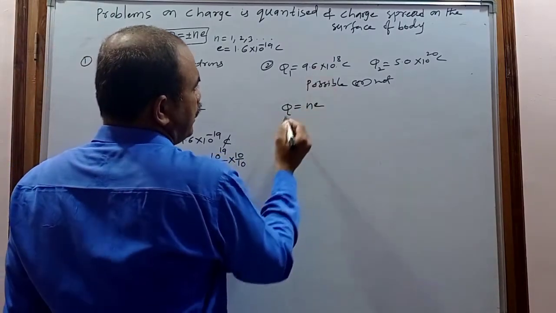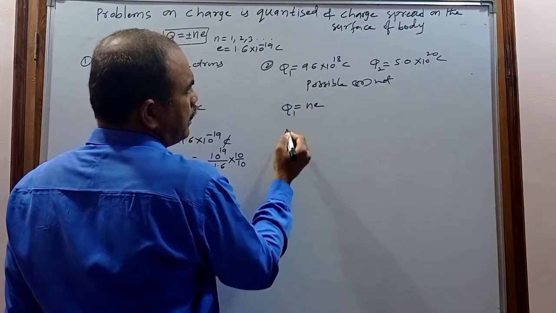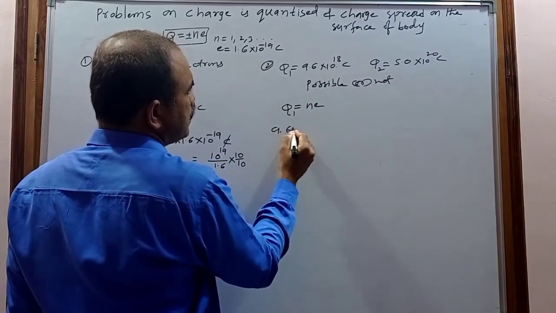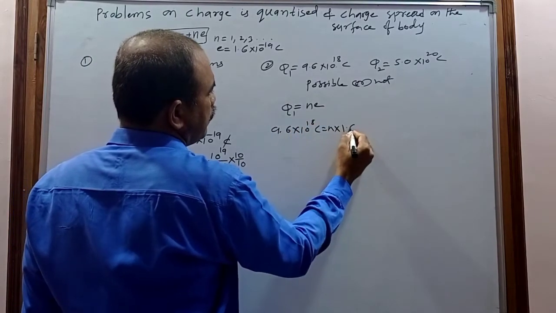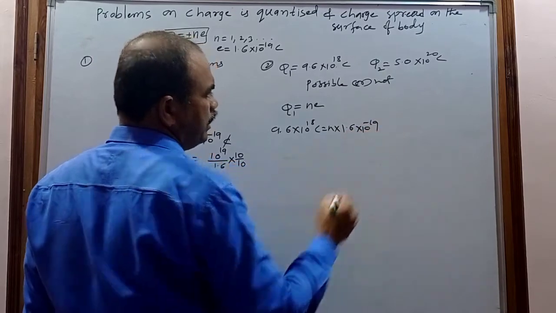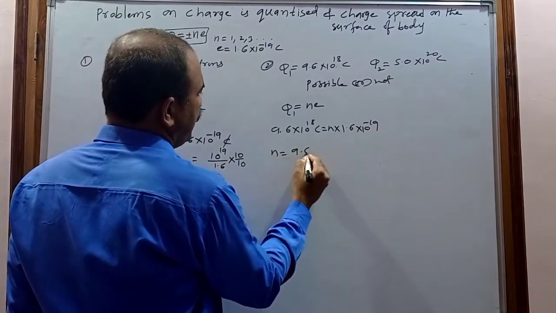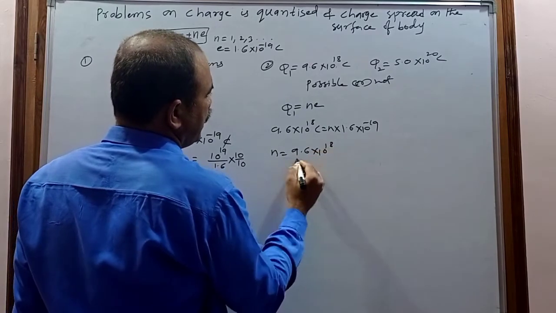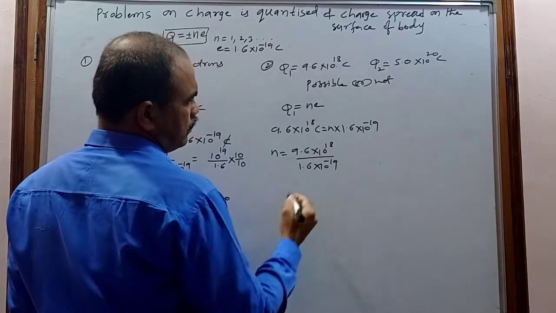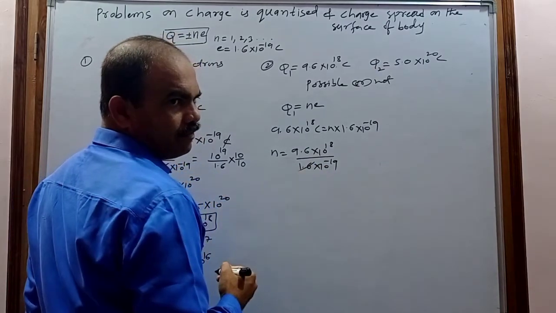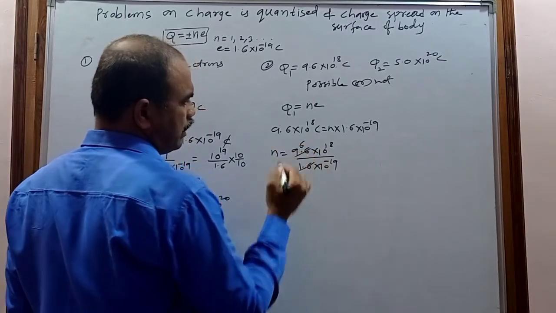Taking Q1 = ne, Q1 is 9.6 × 10^18 coulomb, and e is 1.6 × 10^-19 coulombs. So n = 9.6 × 10^18 / 1.6 × 10^-19. 9.6 divided by 1.6 is 6.